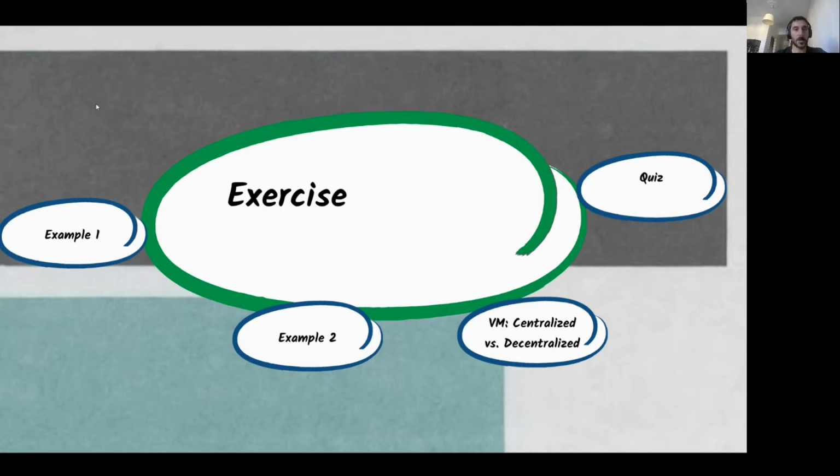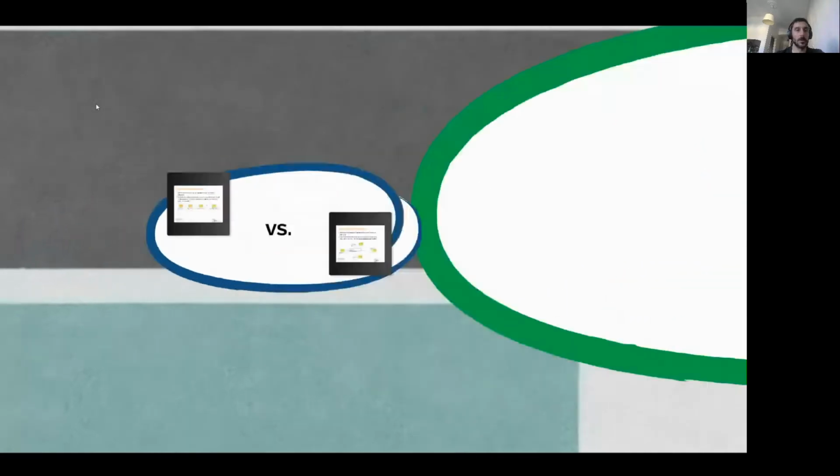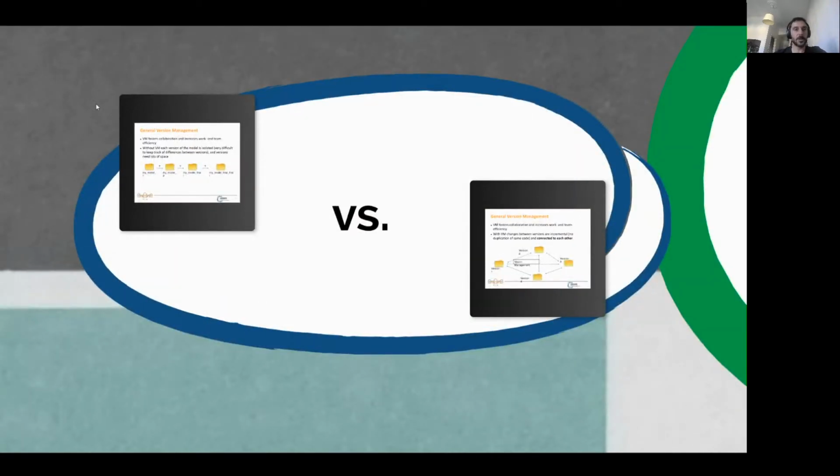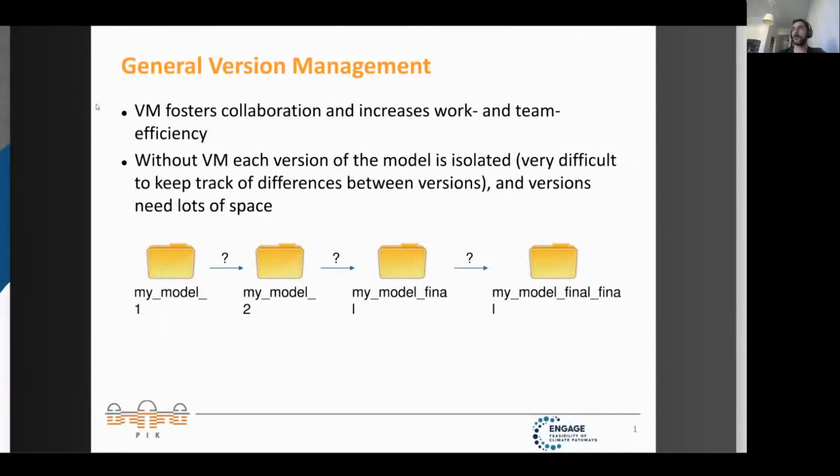Starting off, if we are not using a version management, and let's say we have a model or piece of software that we are working on, it's stored somewhere on our computer in a folder.